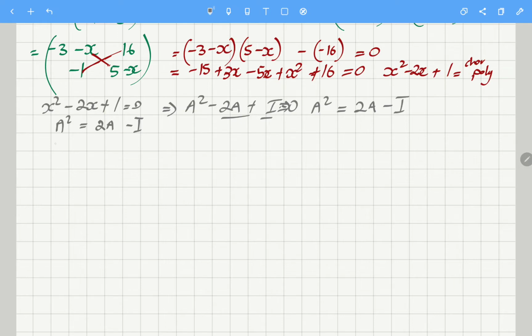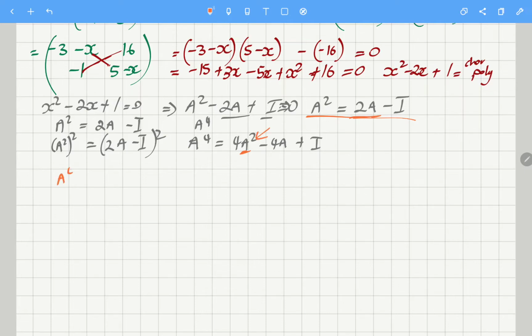Okay, and so since A squared equals 2A - I, then finding A to the power 4, all we do is just square that lot. So A to the 4 equals 4A squared - 4A + I. And we know what the value of A squared is, so we substitute that in.